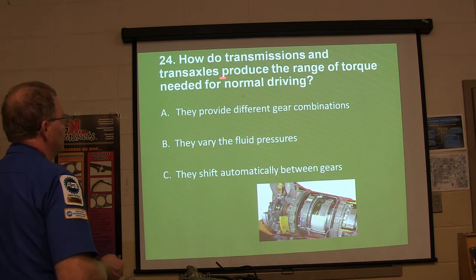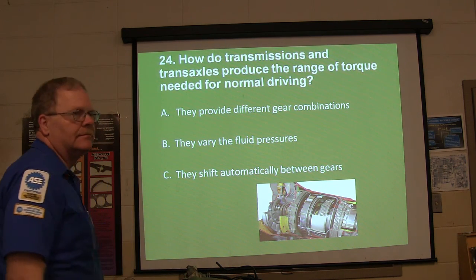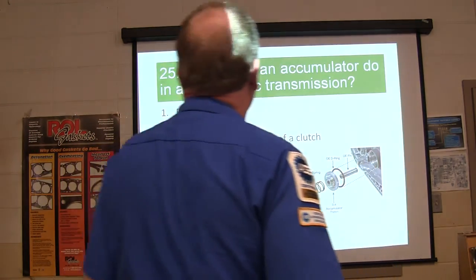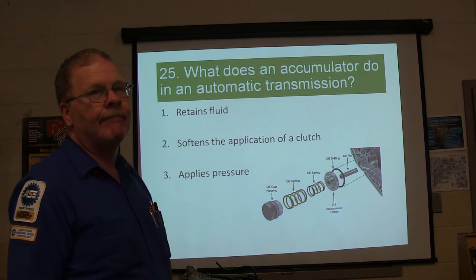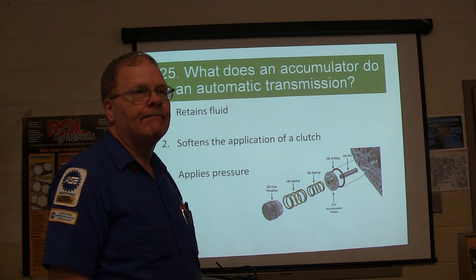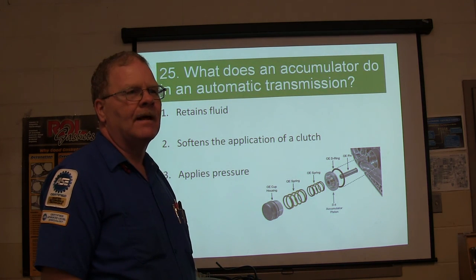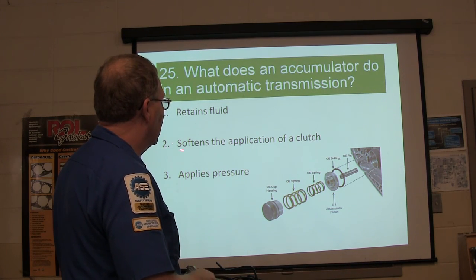How do transmissions and transaxles produce the range of torque needed for normal driving? The different gear combinations. Good answer, Zach. What does an accumulator do in an automatic transmission? Applies pressure. Anybody else got a different answer? Retains fluid. Softens the application of a clutch.